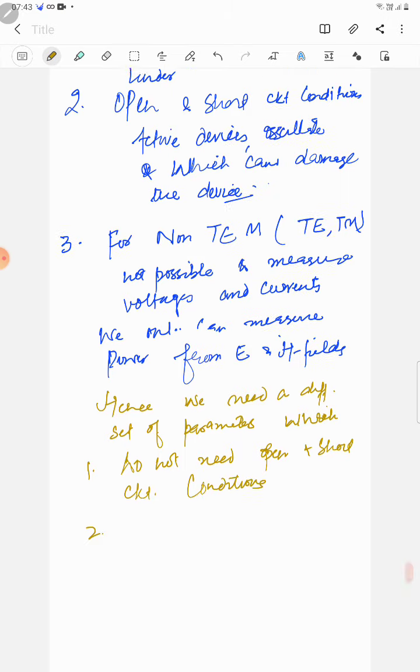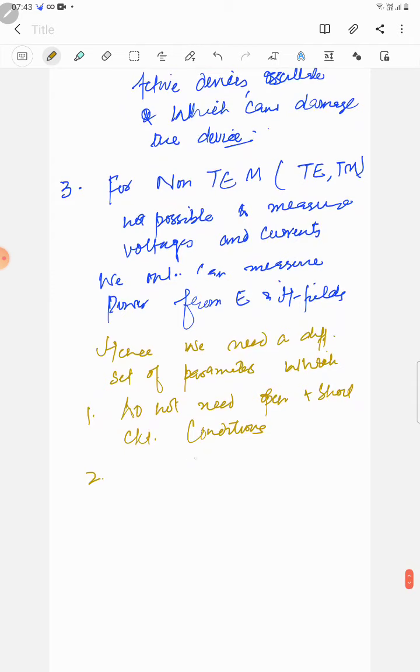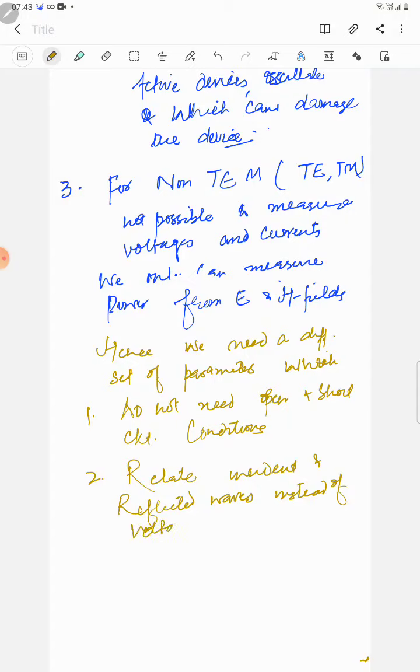Second, instead of voltages and currents, they relate incident and reflected waves.